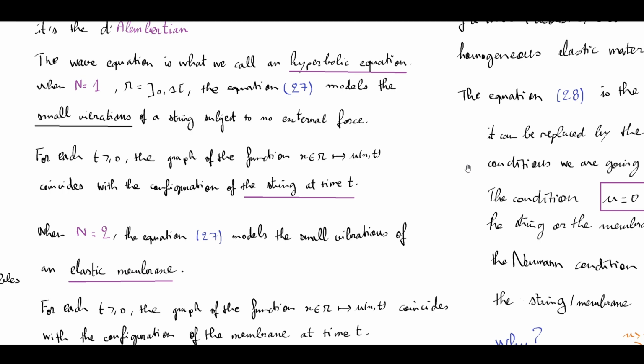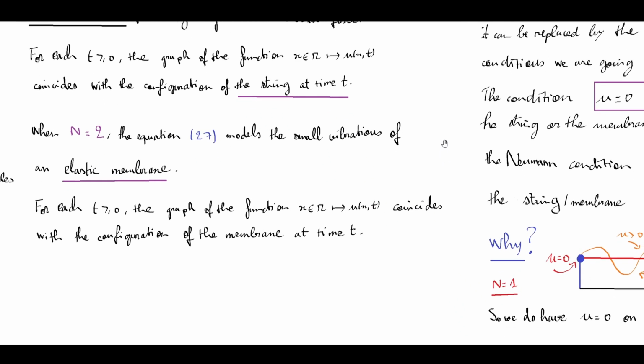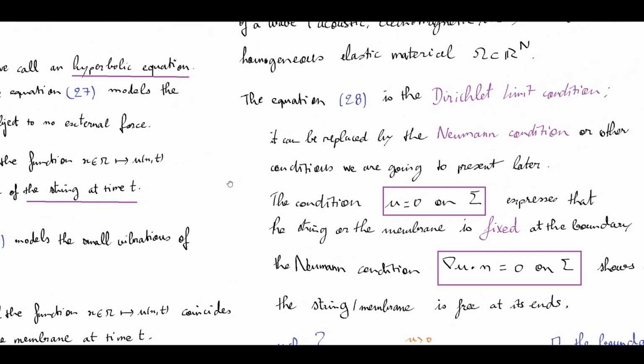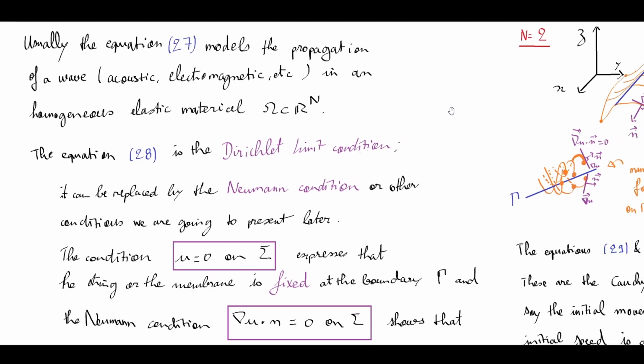When n equals 2, the equation 27 models the small vibrations of an elastic membrane. For each positive time, the graph of the function giving u(x,t) coincides with the configuration of the membrane at time t. Usually, the equation 27 models the propagation of a wave, acoustic or electromagnetic, and so on, in an homogeneous elastic material.